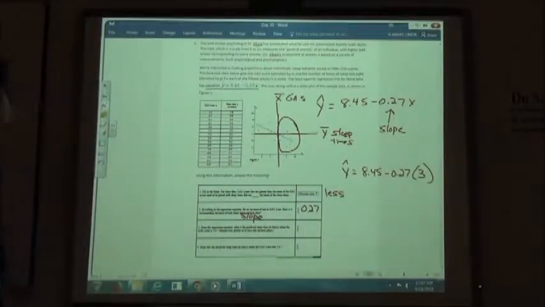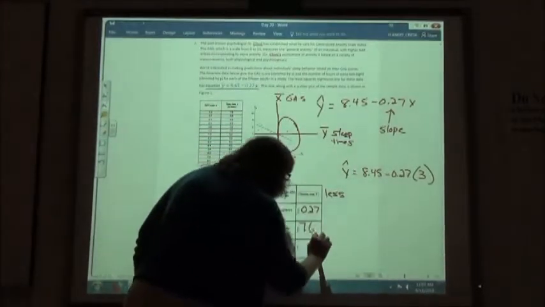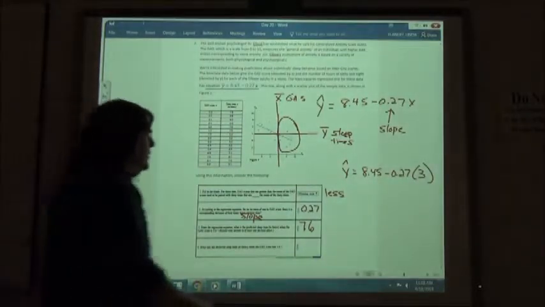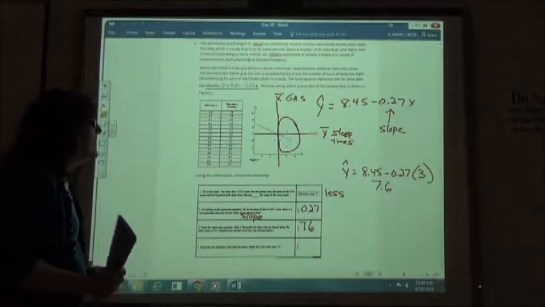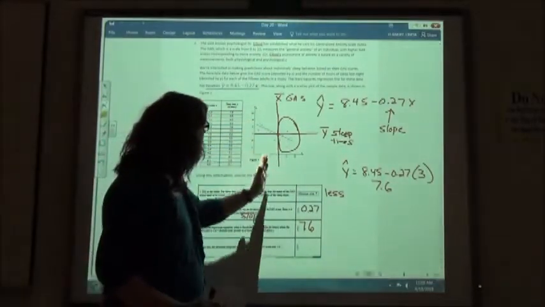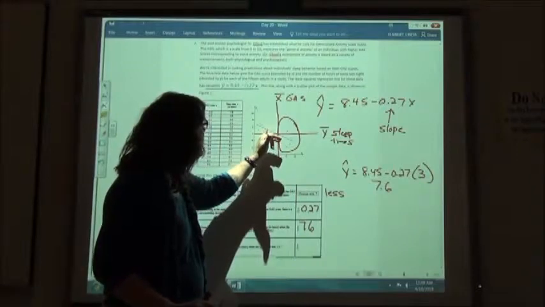So take 8.45 minus 0.27 times 3. If you round that off to 1 decimal place, you should come up with somewhere around 7.6. So that means exactly on my line, when X is equal to 3, I would be at 7.6 on my line.